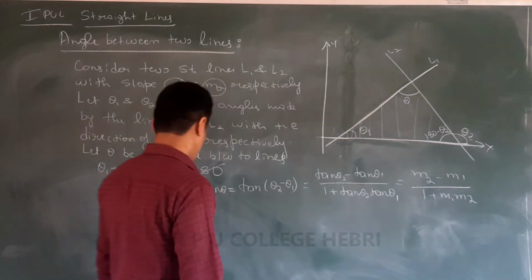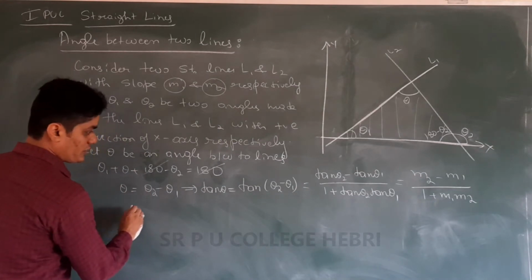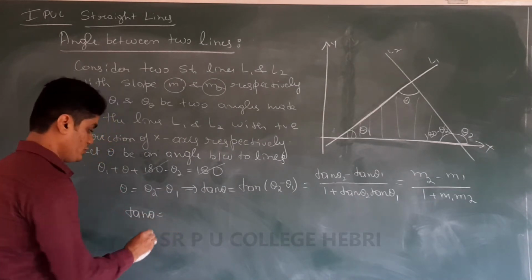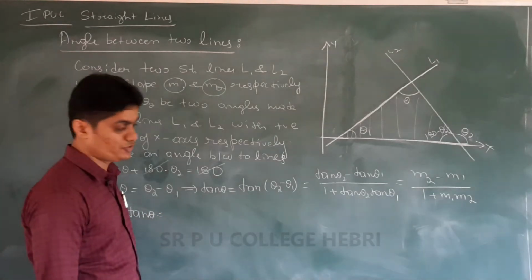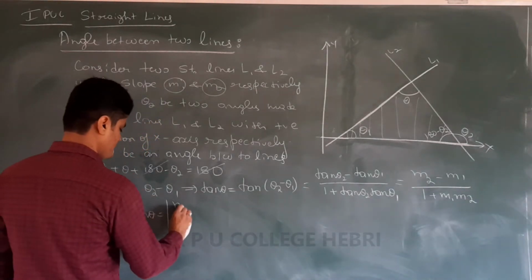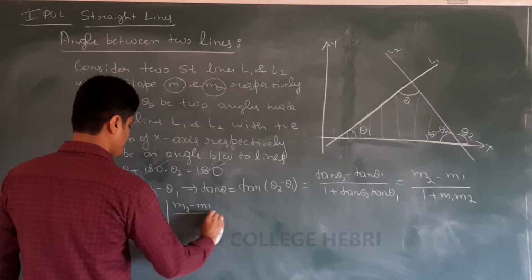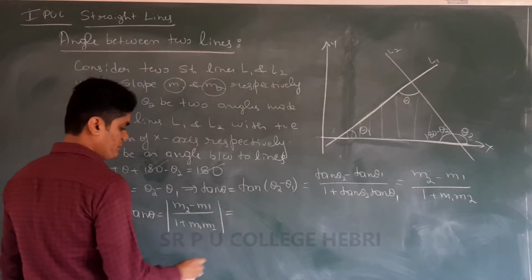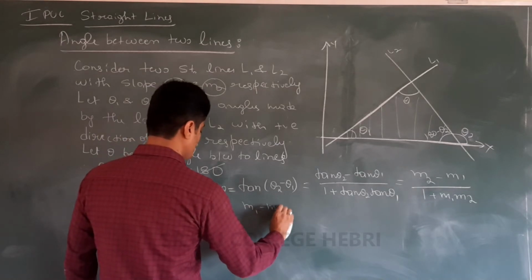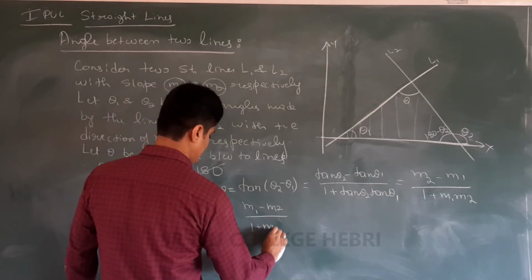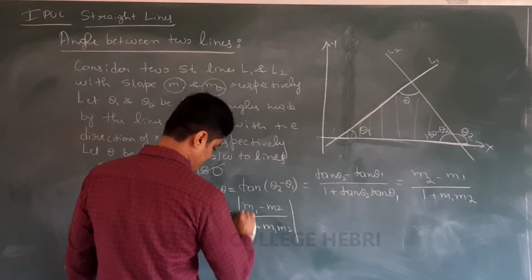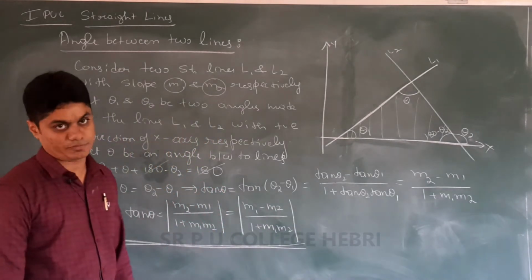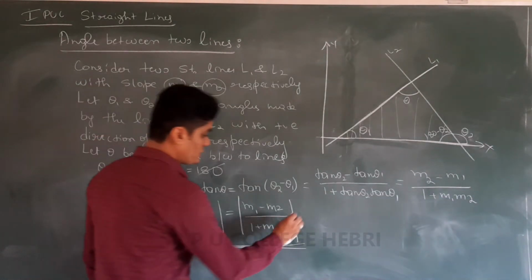So tan theta is equal to m2 minus m1 divided by 1 plus m1 m2. Now we need the acute angle, so tan theta must be positive. So I will use a modulus sign: tan theta equals modulus of m2 minus m1 divided by 1 plus m1 m2, but usually we remember this as m1 minus m2 divided by 1 plus m1 m2. This is also right because we keep the modulus sign outside the expression. Why are we using the modulus sign?